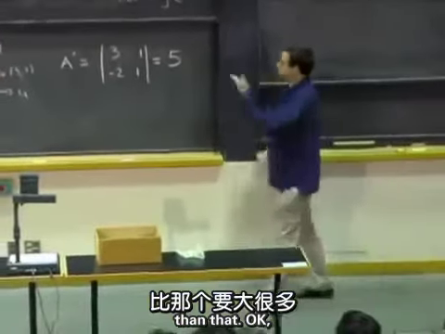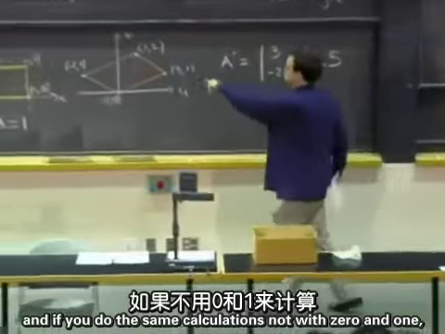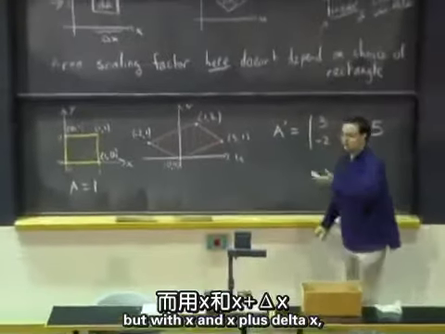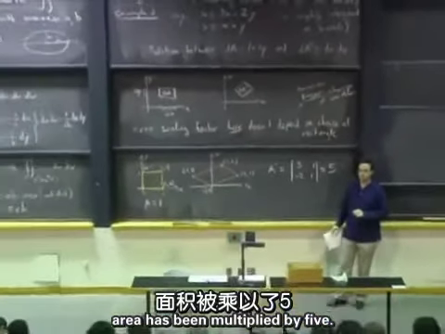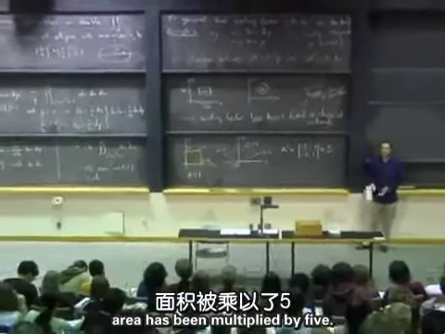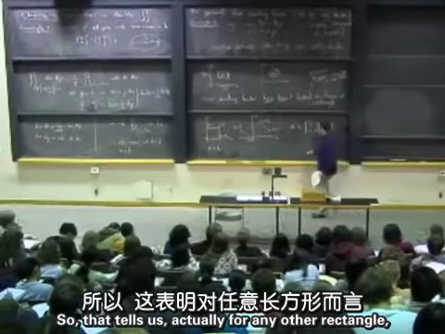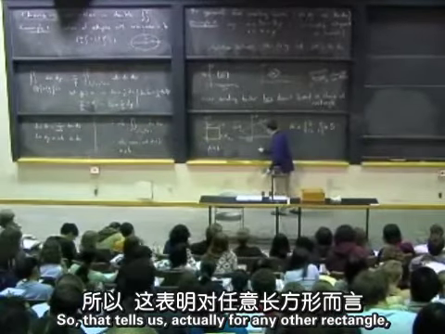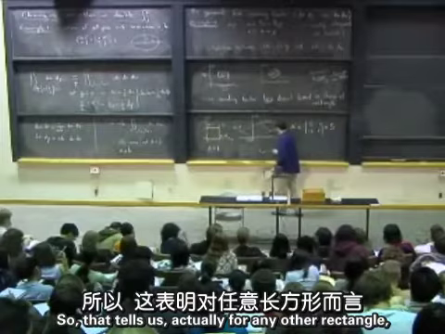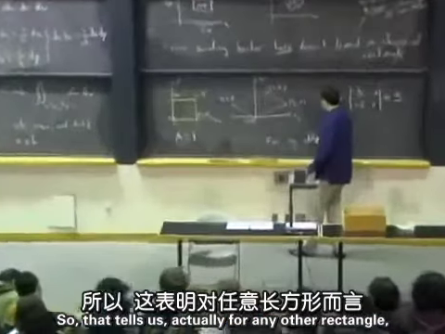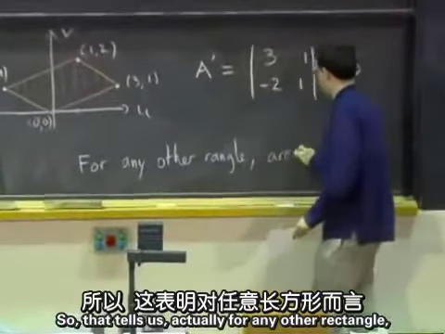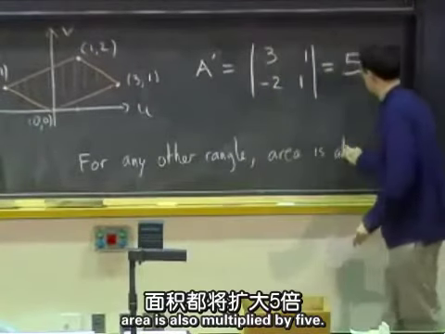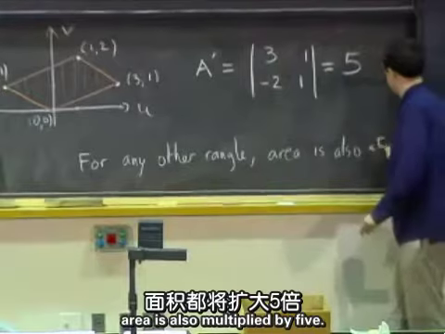Okay, and if you do the same calculations, not with 0 and 1, but with x and x plus delta x and so on, you will still find that the area has been multiplied by 5. So that tells us, actually, for any of our rectangle, area is also multiplied by 5.